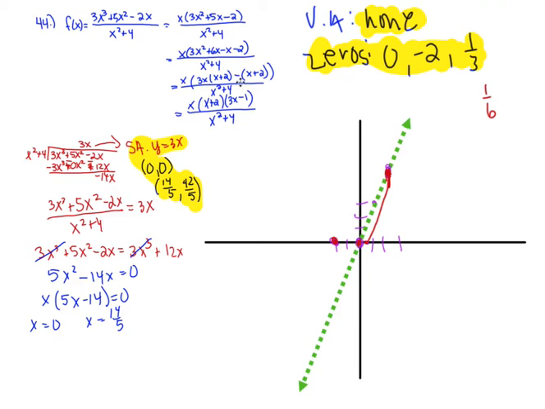So if I look at my function here and I put 1/6 in for x, I would have a positive number, another positive number, 1/6 is going to give me a positive number for my third, and then a positive number again.